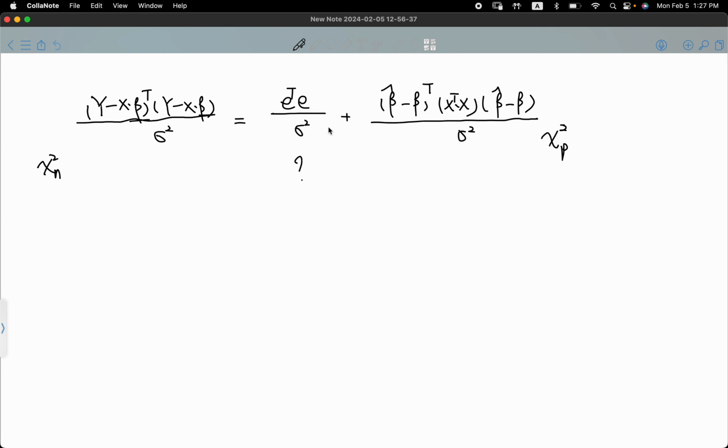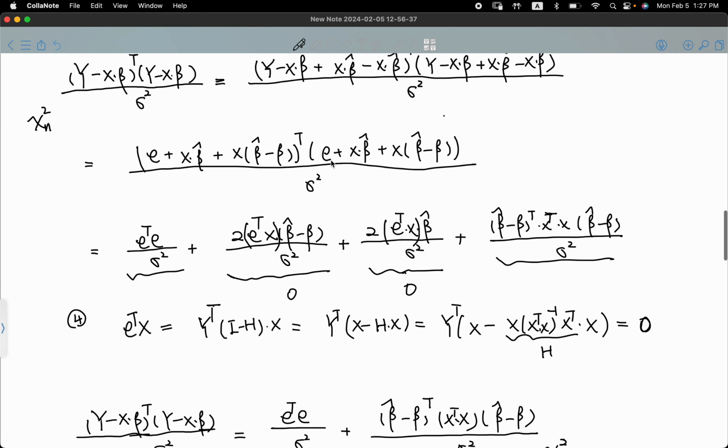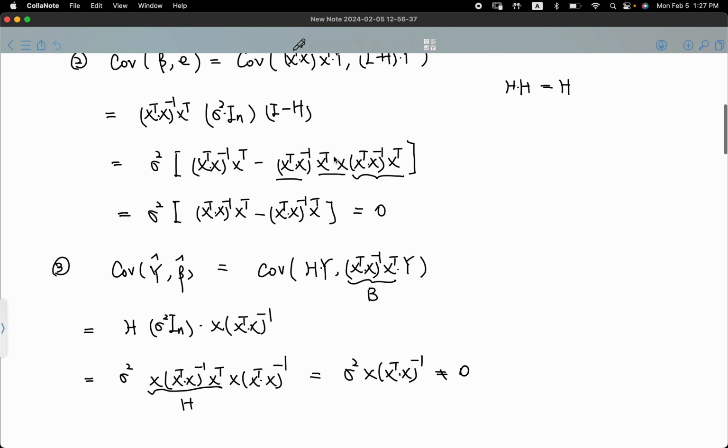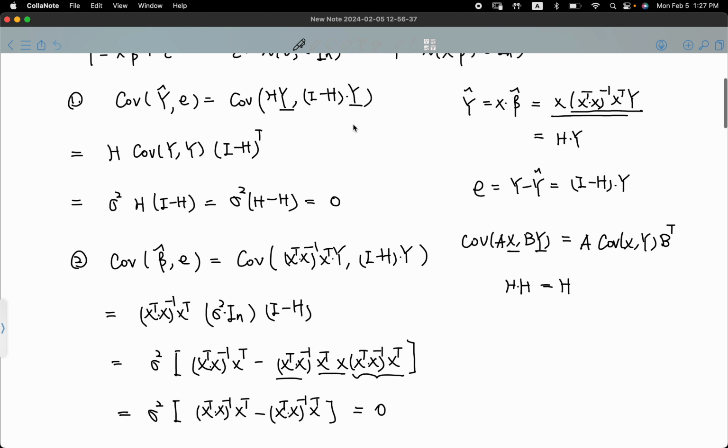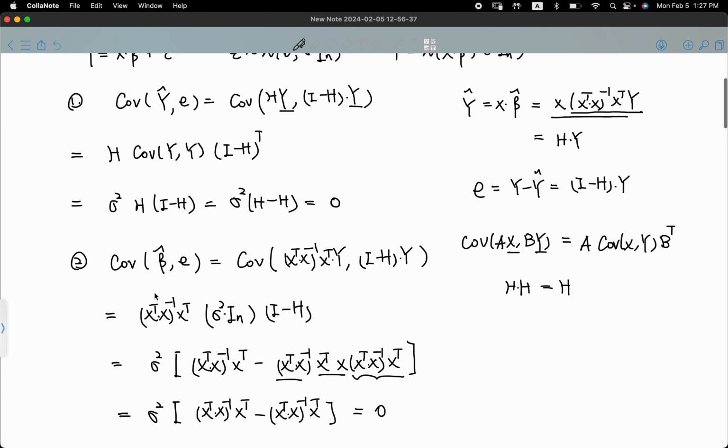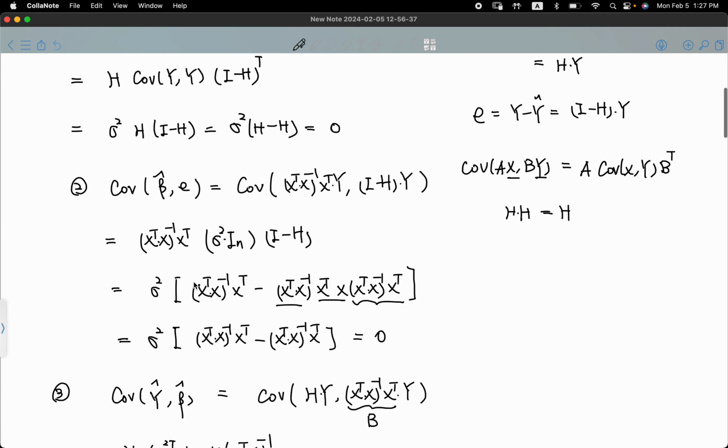Okay, so now we are going to use the finding that we have from here. We know that the covariance of your estimation and the residual is 0.